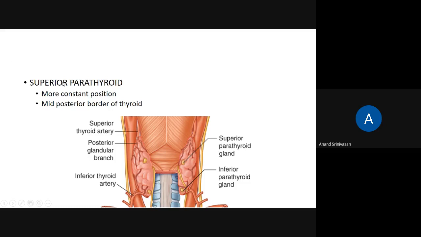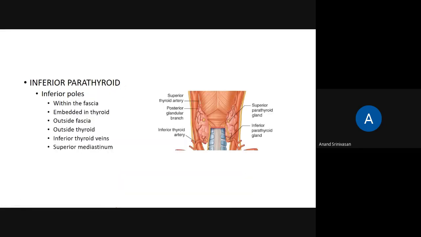The superior parathyroid is approximately in the middle of the posterior border of the thyroid gland.